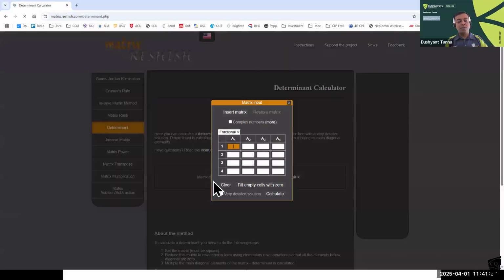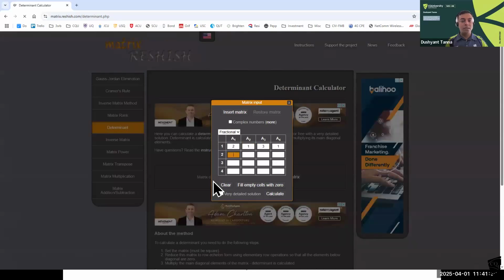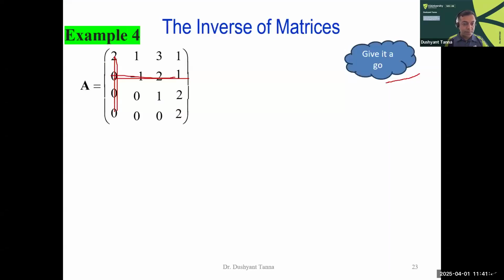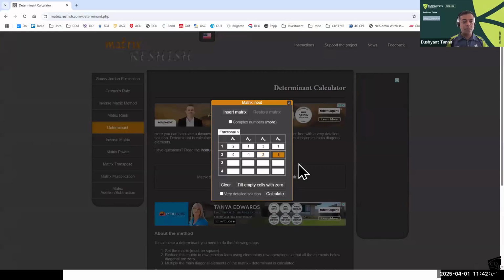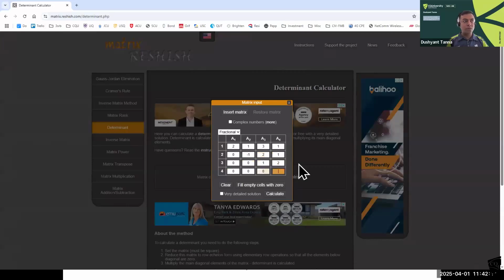That will be 2, 1, 3, 1, 0, minus 1, 2, 1, 0, 0, 1, 2, 0, 0, 0, 2. It says fill empty cells with 0.